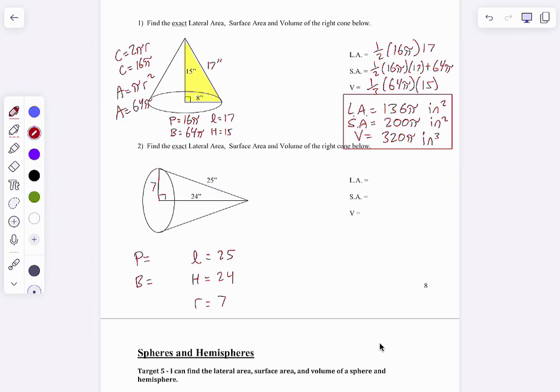Perimeter is the circumference of the circle. So you double that radius and multiply times pi, 14 pi. For the area of the base, you're doing pi r squared, that's 49 pi. Those numbers would only be the same if the radius was 2. So if they're the same, I would be suspicious. And they're really never the same because this is in inches.